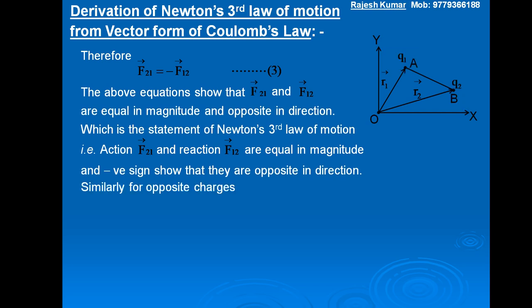Similarly, for opposite charges, Q1 into Q2 becomes negative. Therefore, F21 vector is equal to minus 1/4 pi epsilon naught into Q1 into Q2 upon mod cube of R2 vector minus R1 vector into R2 vector minus R1 vector.